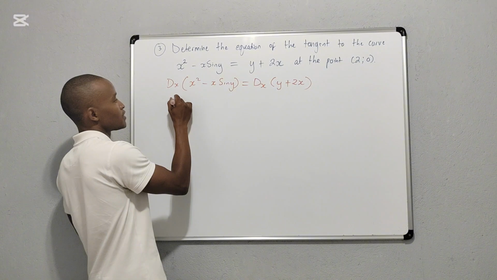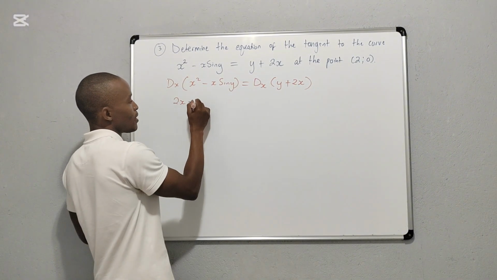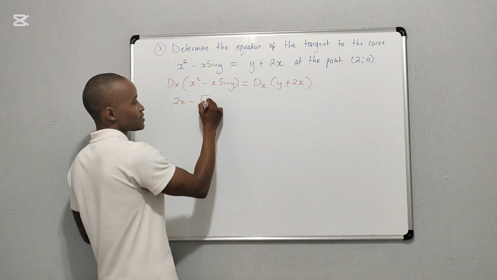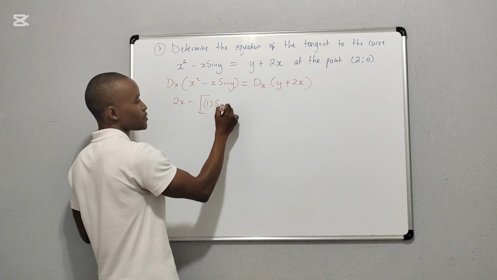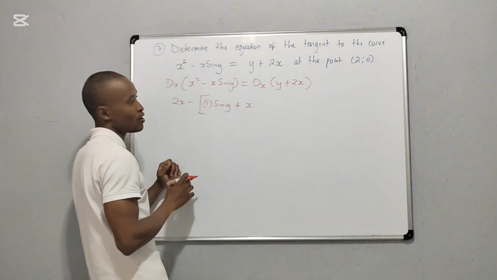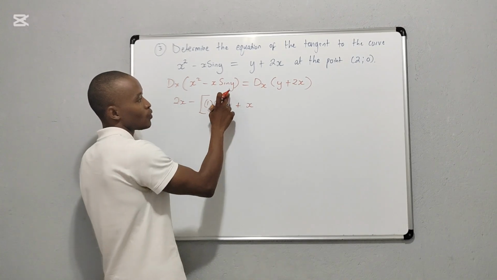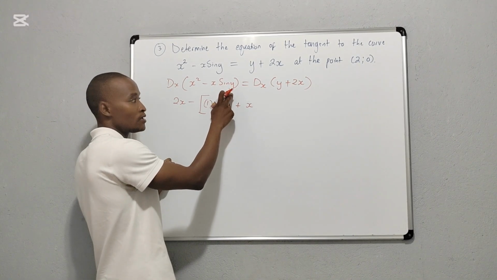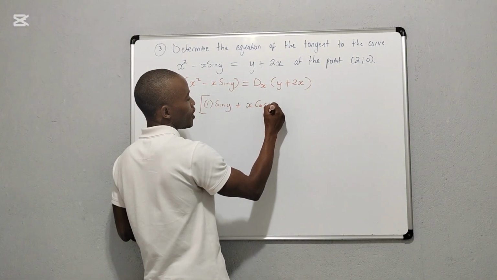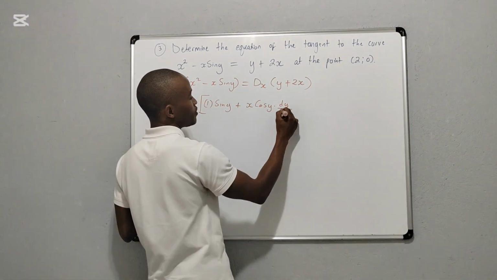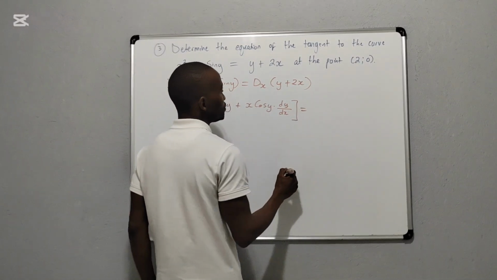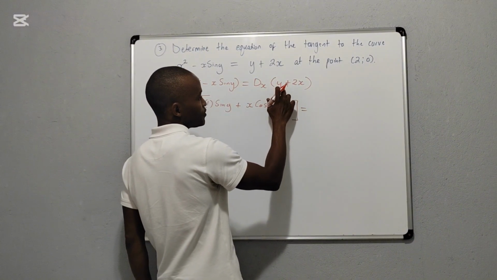So differentiating x squared, we get 2x minus, let's introduce brackets for this product rule, derivative of x, we get 1 times sine y, plus, keep the x, derivative of sine y, again we need the chain rule to apply there. So we end up with cos y times dy over dx, is equal to the derivative of y with respect to x.